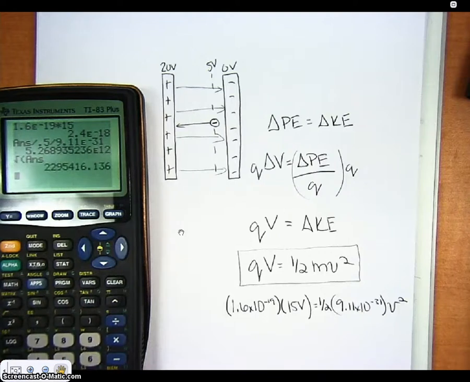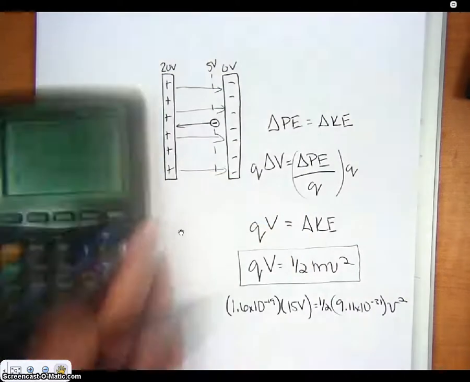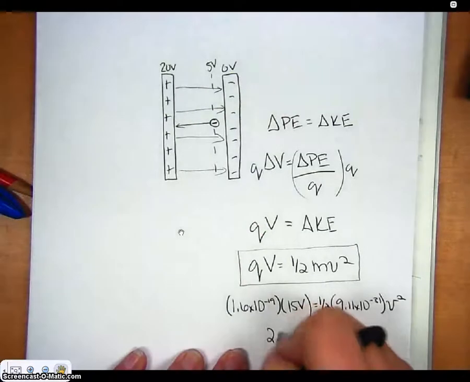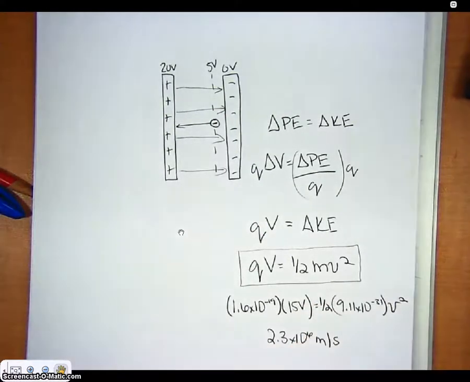The answer is 2.3 times 10 to the 6 meters per second. That brings home the idea that relates voltage, which is the push on an electron or a charge, to the actual physical motion and the velocity of that charge.